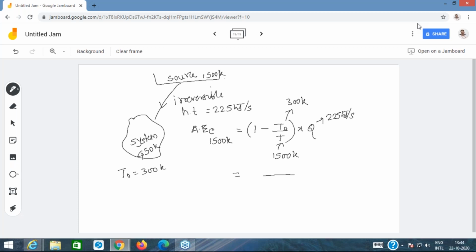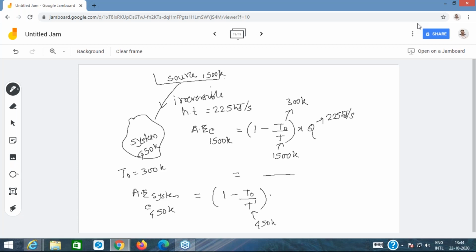Then how do you calculate the available energy of the system, which is at 450 Kelvin? Again, we need to assume that this system supplies heat to a Carnot engine, which operates between the dead state temperature 300 and the system temperature 450 Kelvin.